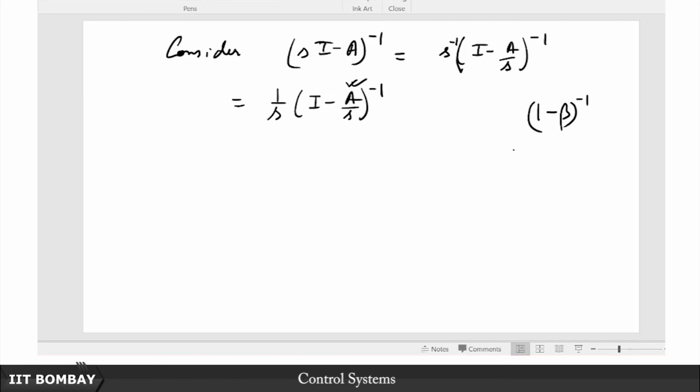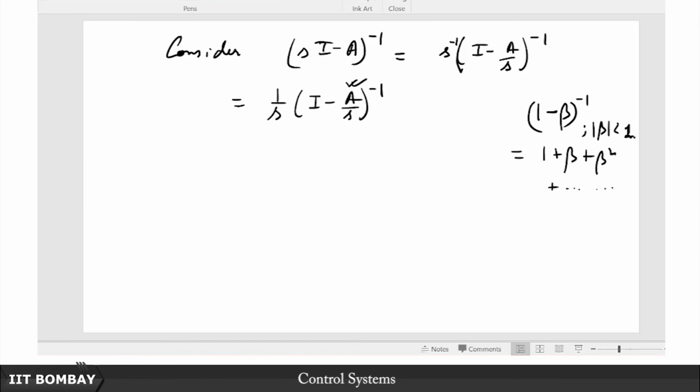We know that when beta is smaller than 1 in magnitude, then we can expand this in the following fashion. This is basically that GP series that you have learnt about, the infinite geometric progression.